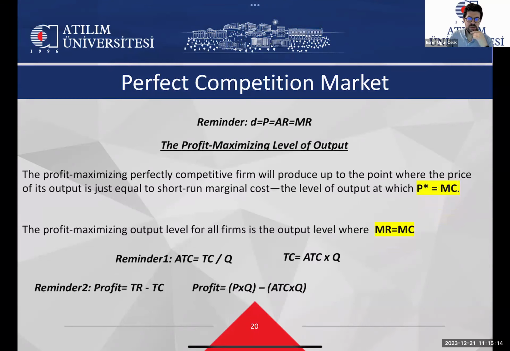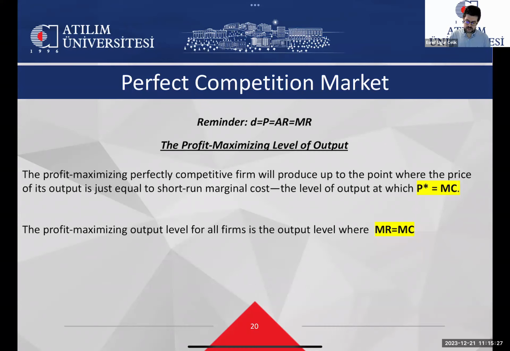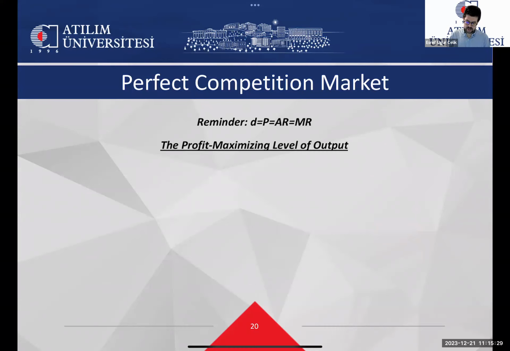As long as marginal revenue is greater than marginal cost, we keep producing it. And we use some formulas to get profit. And before starting the graph, I'm going to write something.